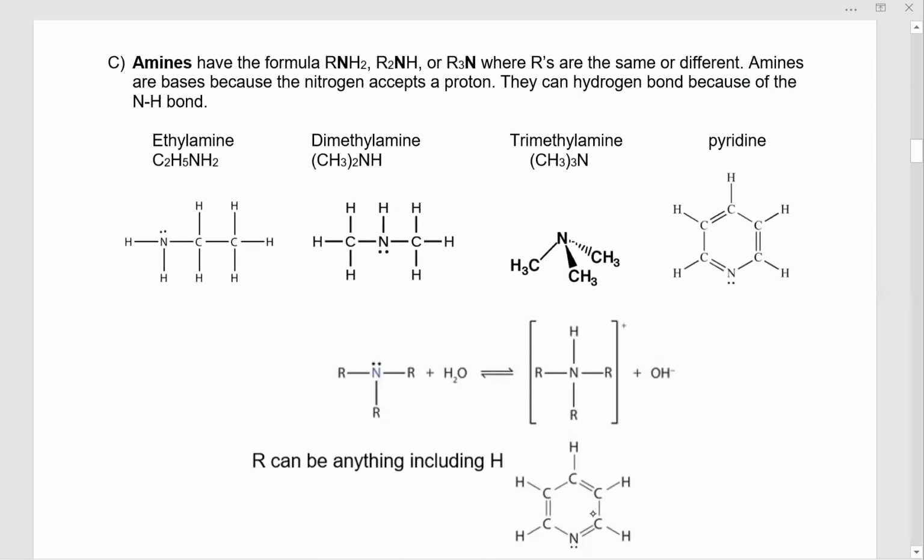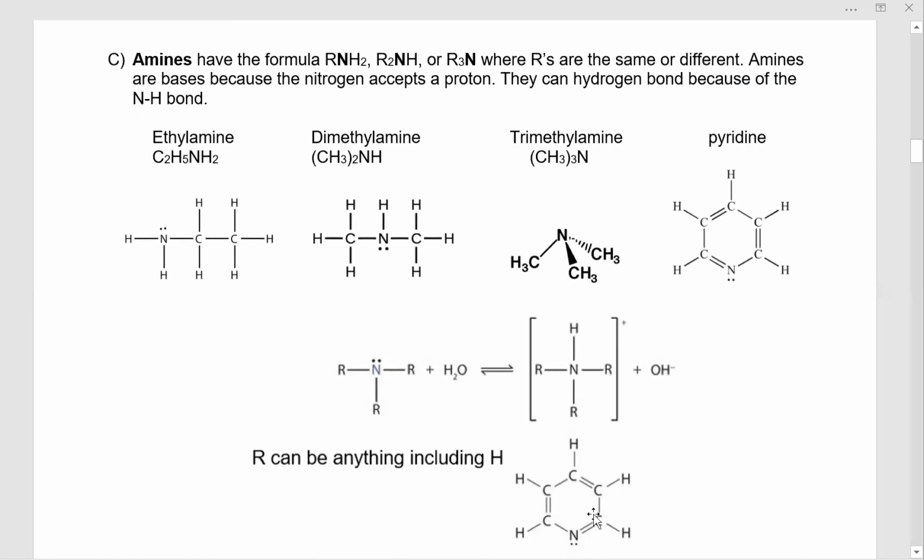Amines are something that you should recognize as being bases. So we're going to talk about amines. So amines are a class of compounds that have a nitrogen in them with 3 other bonds leading to it. And so I've got the general formulas here. So we have RNH2, R2NH, R3N. And you go, well, what the heck's R?